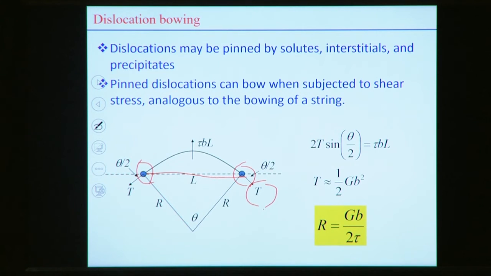From this configuration we can find directly that 2T sin(theta/2) is equal to tau b L. T can again be represented in terms of the dislocation energy.